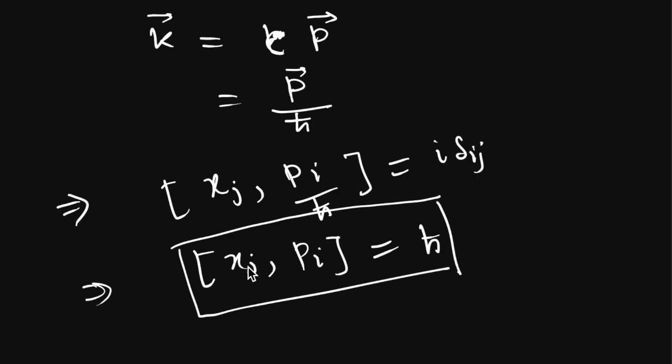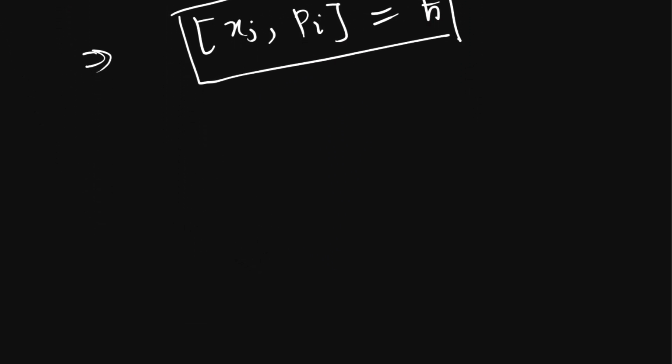Now, as we studied in the previous lecture, if there is a commutation relation between two observables, there will be uncertainty while measuring the position and momentum subsequently. What will be that uncertainty relation?